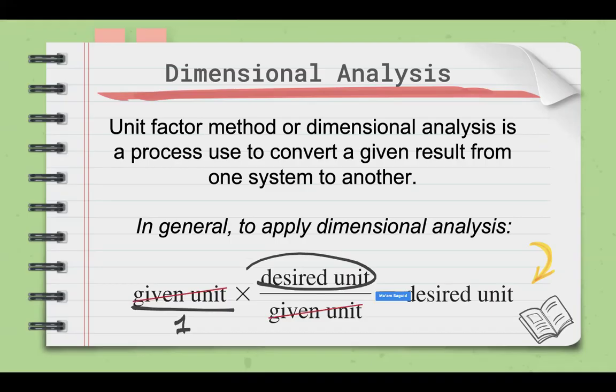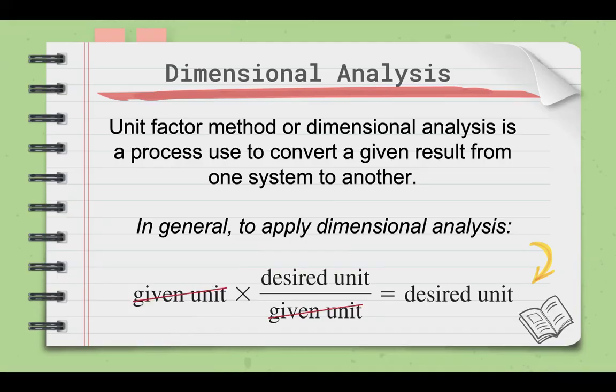Then you can cancel out the given unit below. This is not always like this. You can have multiples of this, so you can have a conversion factor, which I will be showing you later on. But this is how it should be. So the desired unit should always be on the numerator if that's what you would like to get, right?